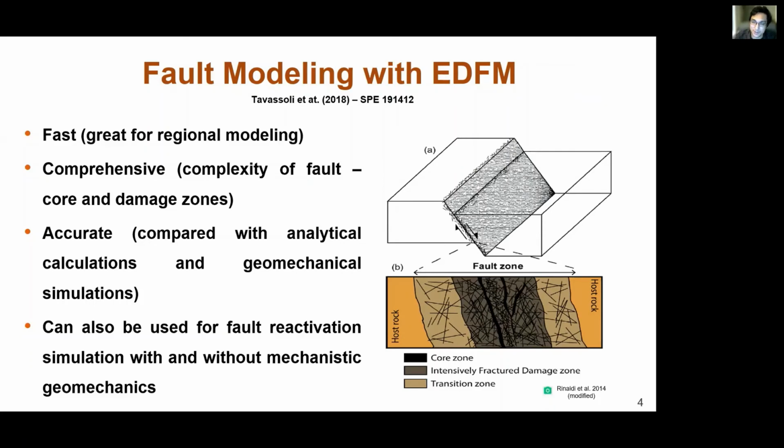In fact, we can do all of this study with EDFM. We could put a natural fracture network and have the natural fracture reactivation. You have seen before that this has already been done with EDFM, basically reactivation of natural fractures.